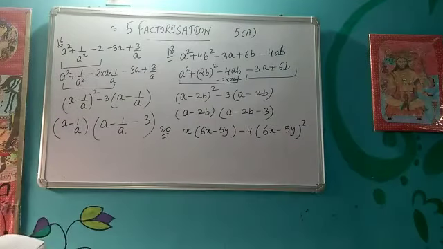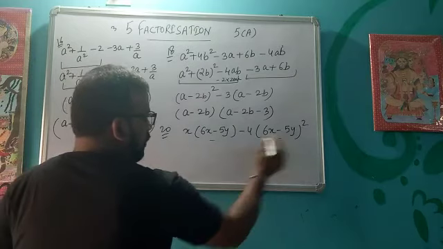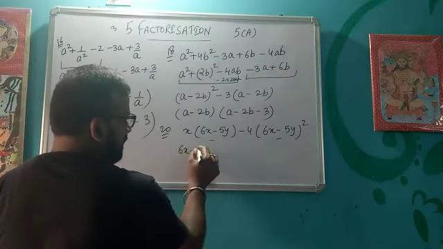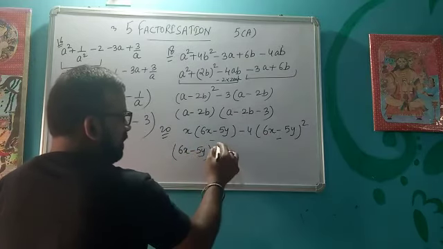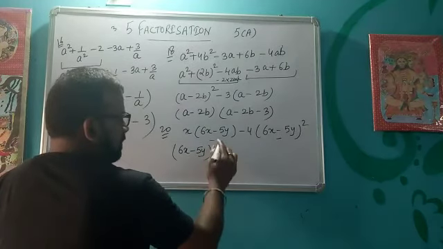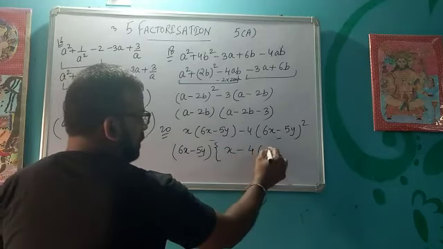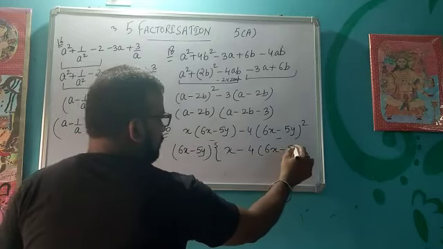So this is the last question. So again this is common. So I will take 6x minus 5y as common. What am I left with in the bracket? x from here minus 4 into 1 power of.